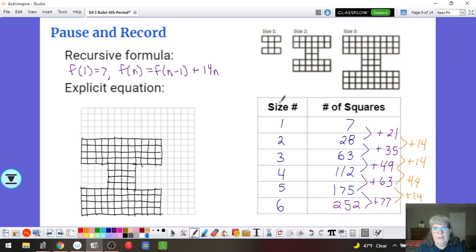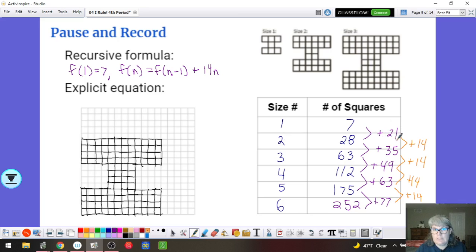And now I'm going to have to check to see if there is anything I need to add or subtract from 14n. And what I'm going to do is take 14 times 2 and see what I have to do to it to get 21, because that's what I'm adding to get that second term. So 14 times 2 is 28, but we're adding 21 to that.